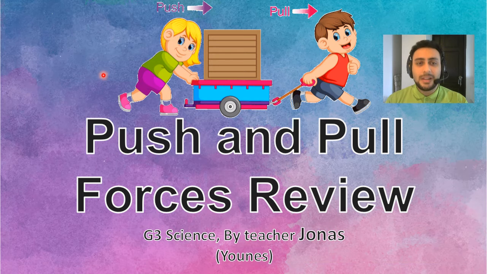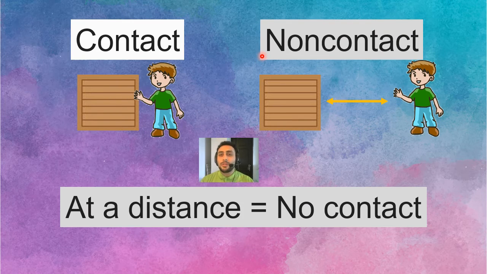Now, let's talk about the last topic we learned. Push and pull forces. As you remember, we learned about action at a distance forces, which means no contact or non-contact. Like this one, he's pushing the box without touching it. He's using magic.